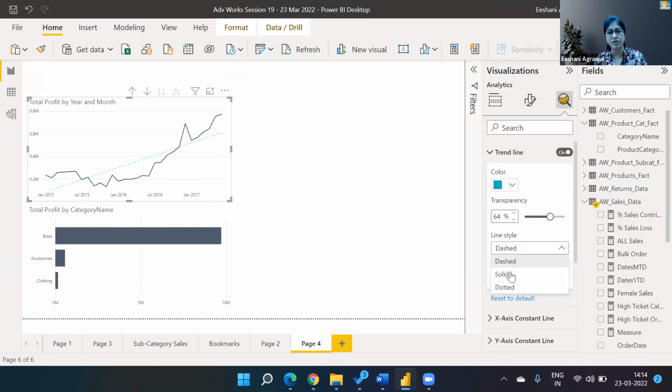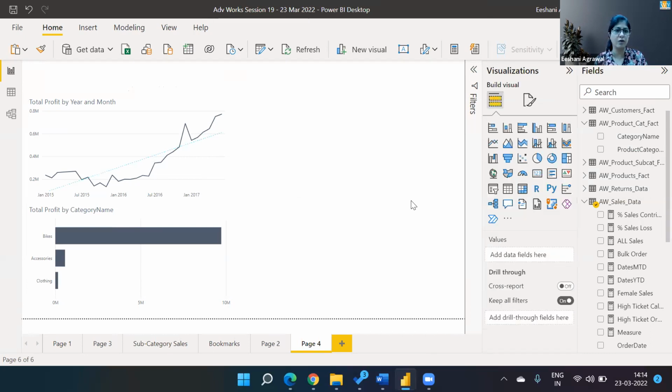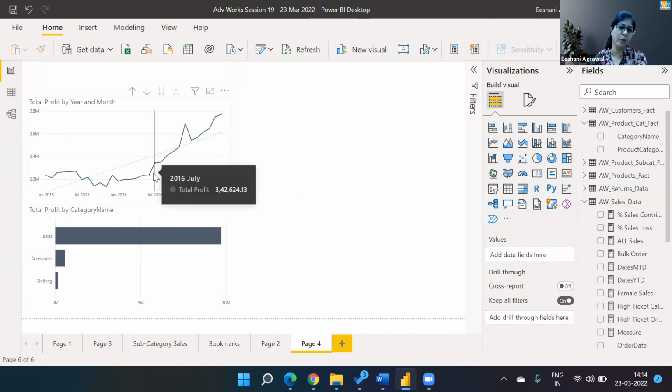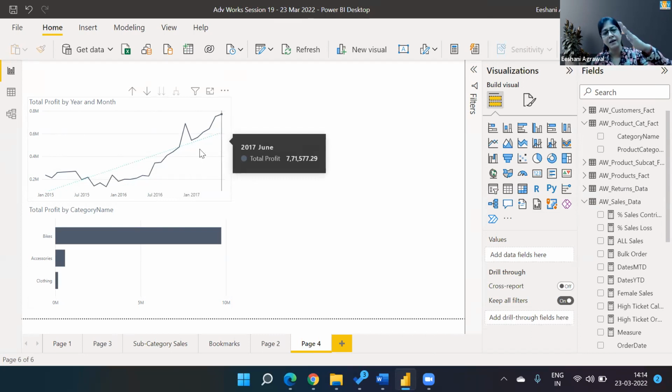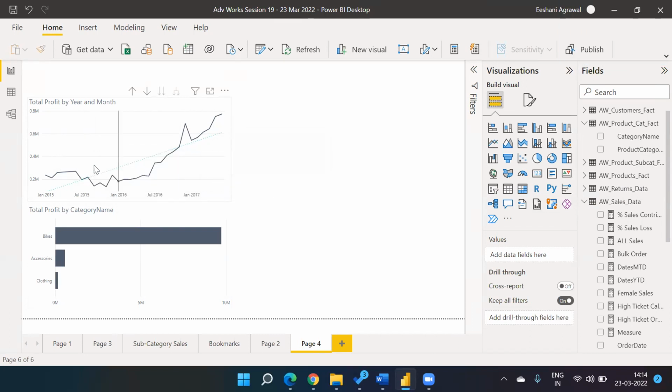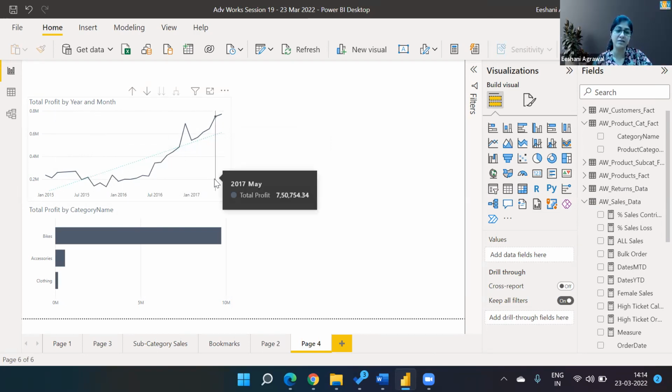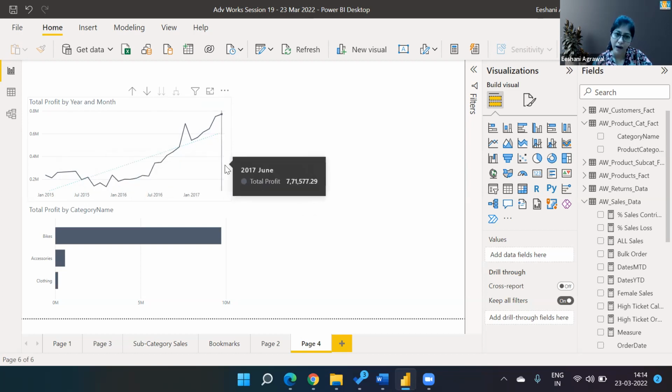You can change the dashes how you want it, dotted or dashes, all these things you can do. And this is generally telling us that the business is doing good, because the trend shows that the profit is in a positive direction. If the line is inclining up, this is a positive profit. If I had it in the opposite direction, it means it has a negative trend. And if it was a flat line, it would say there is no change in the trend.